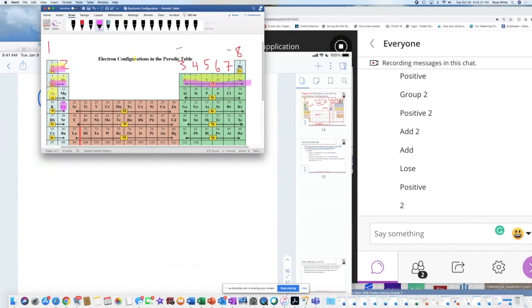Exactly. So calcium will be positive 2. So if calcium was just by itself without being positive 2, see the number up here, 20? It will have 20 electrons. But calcium being positive 2 just means it has lost 2 electrons. So now it's left with what? 18.